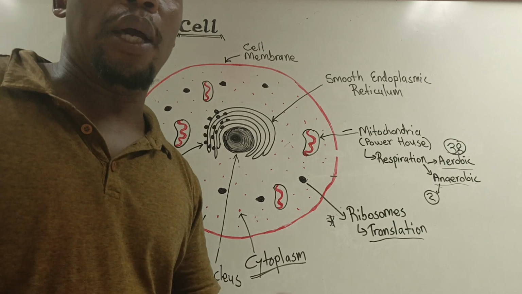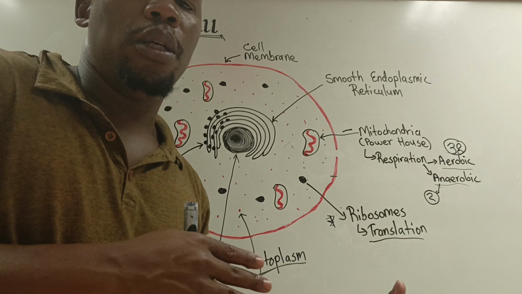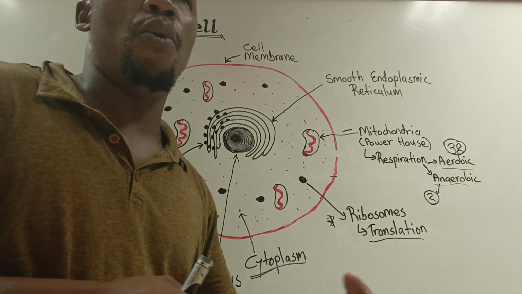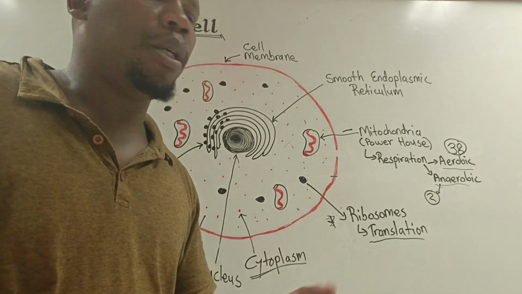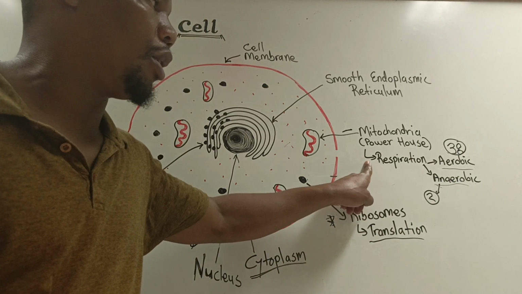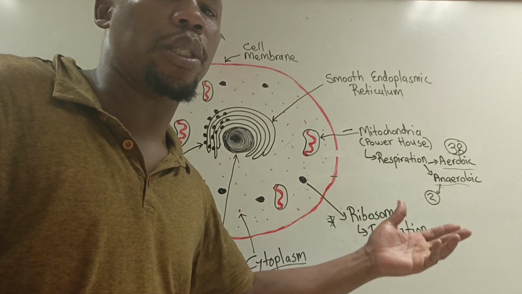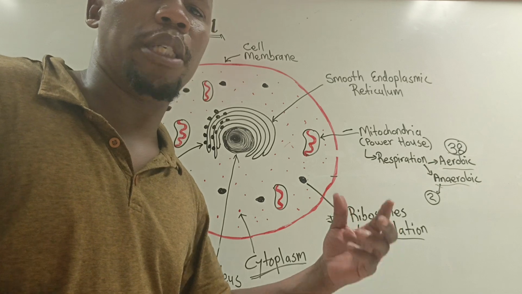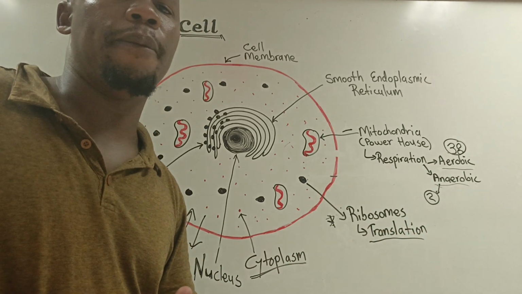So it will allow nutrients, example, it will allow nutrients to enter, and it will allow waste products of metabolism to leave the cell. For example, ya go lekalla glucose go tsena, ya go lekalla oxygen go tsena for the process of respiration. Ga o sona produce carbon dioxide and water as metabolized, they are going to leave the cell through the cell membrane. Yeah.